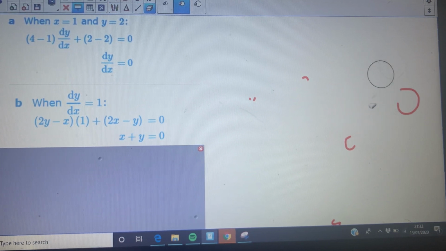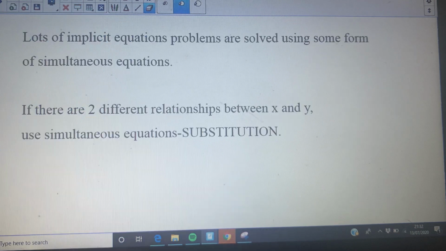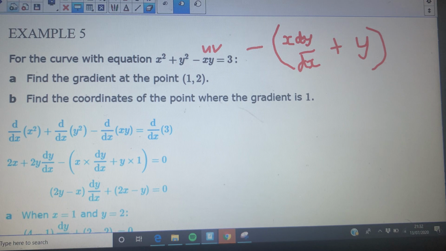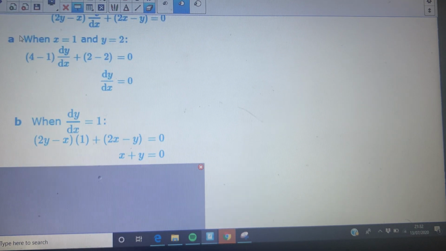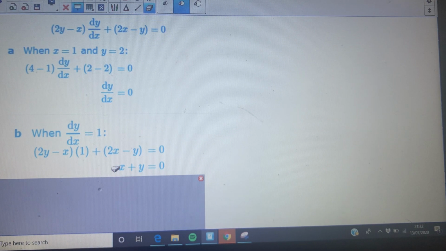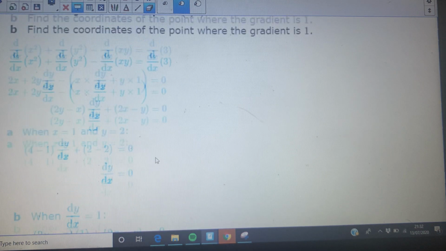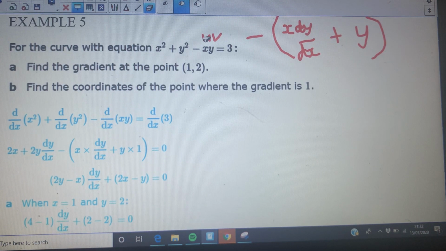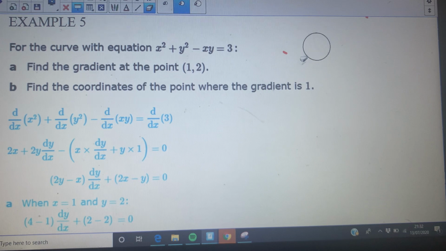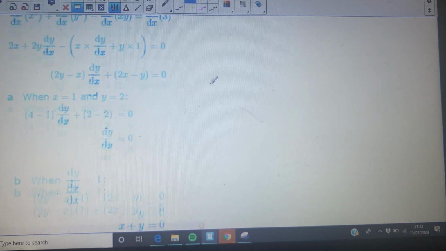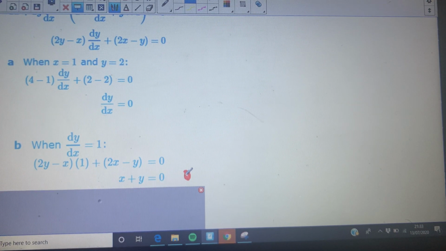Now, there's an infinite number of solutions to x plus y equals 0, but we've talked about what happens when we have two conditions or two relationships between x and y. So we have this relationship and we have this relationship. So we've got this one, that's a relationship between x and y, and we've now got this one.